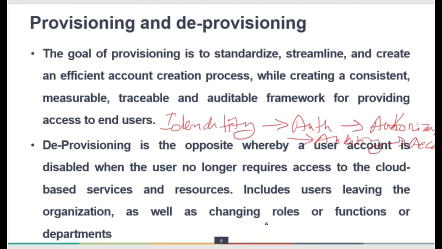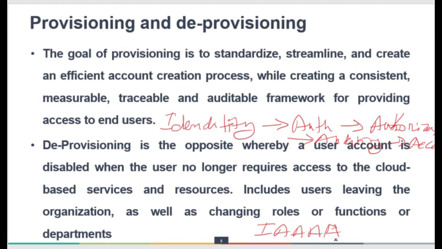Sometimes we call it triple A or sometimes four times A. So: identity, authentication, authorization, auditing, and accountability.